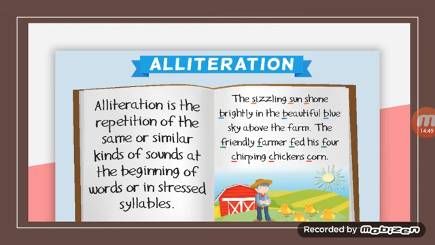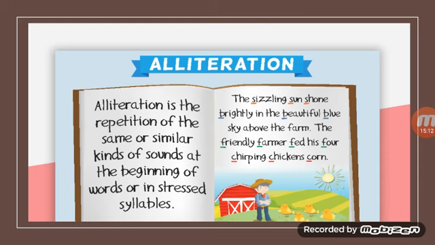And when there is a repetition of vowel sound, then there is another poetic device which is assonance, if you have read about it. But in this we are only going to read about alliteration. So alliteration is a repetition of similar kinds of consonant sounds in the beginning of the words.